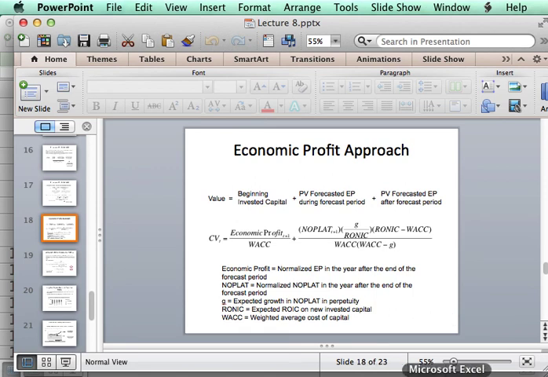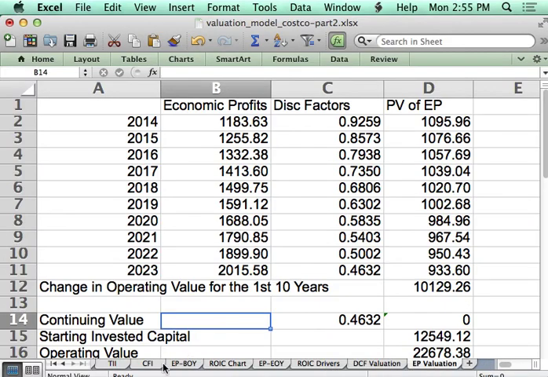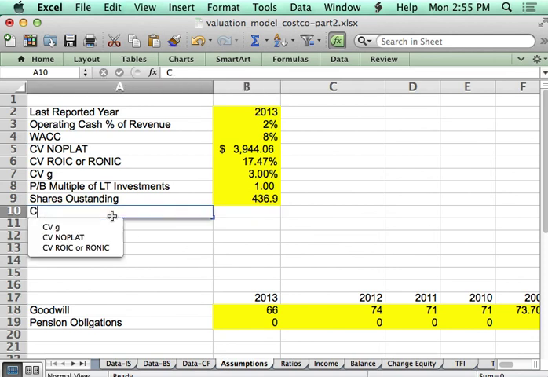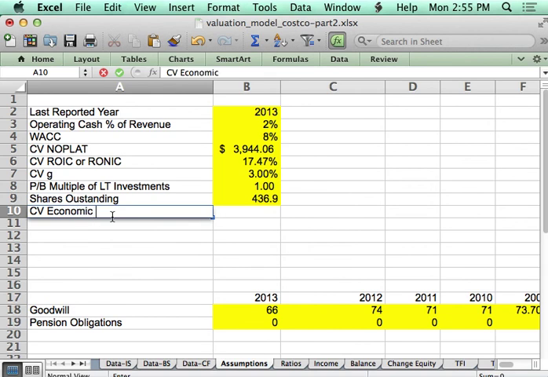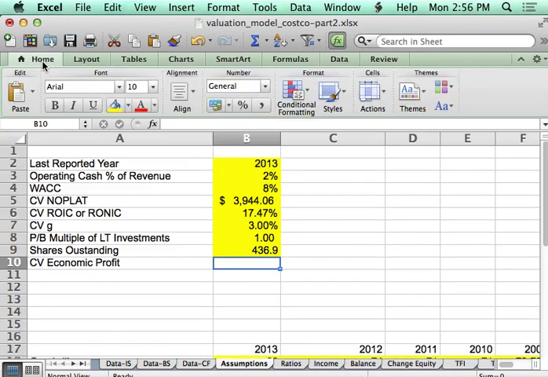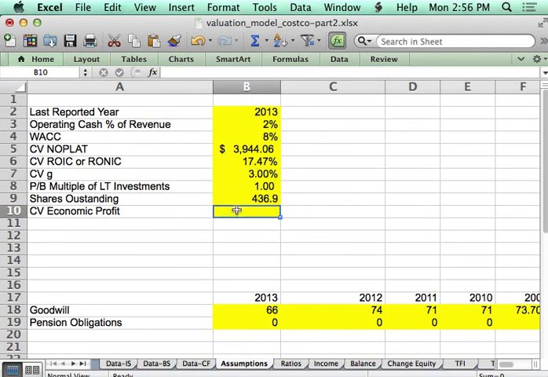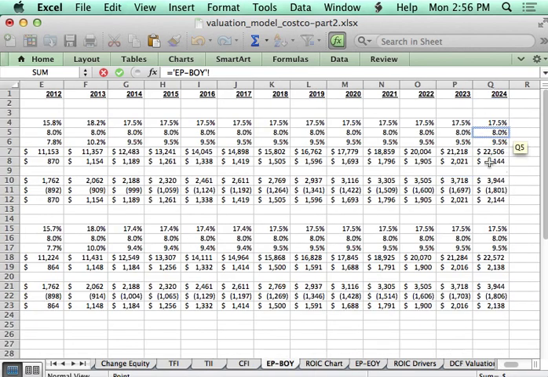So what I'm going to do is I'm going to go back to my Assumptions tab, and then I'm going to have a continuing value economic profit, which is my 2024 EPBOY tab, 2024 economic profit after goodwill.